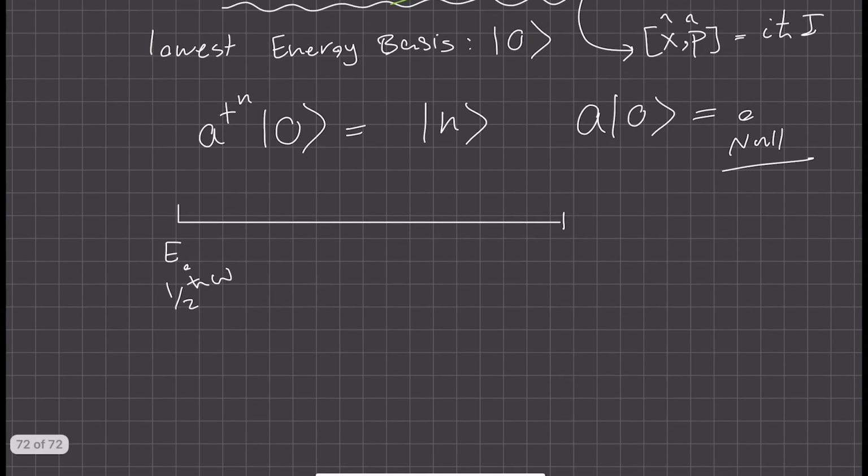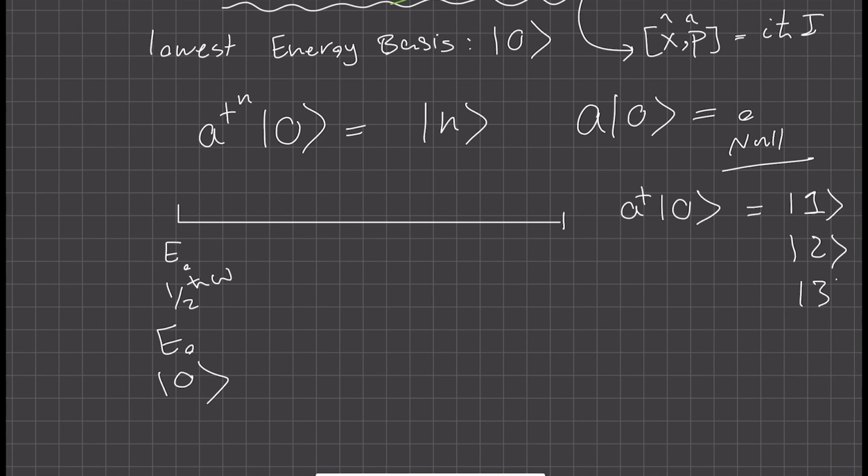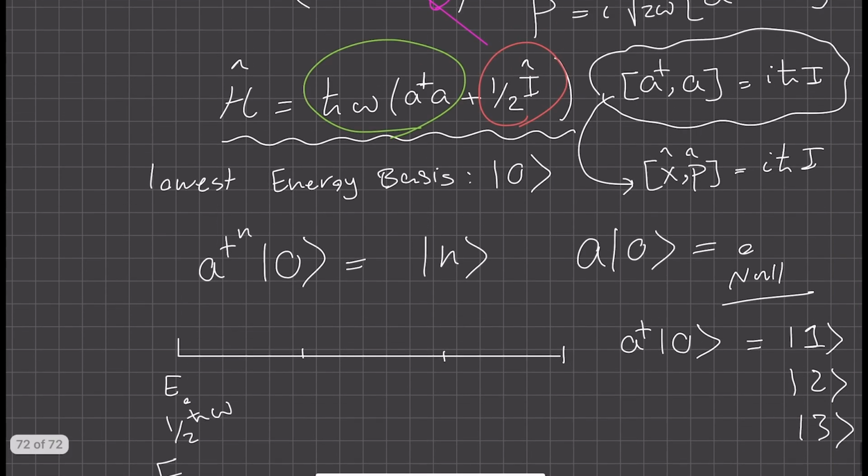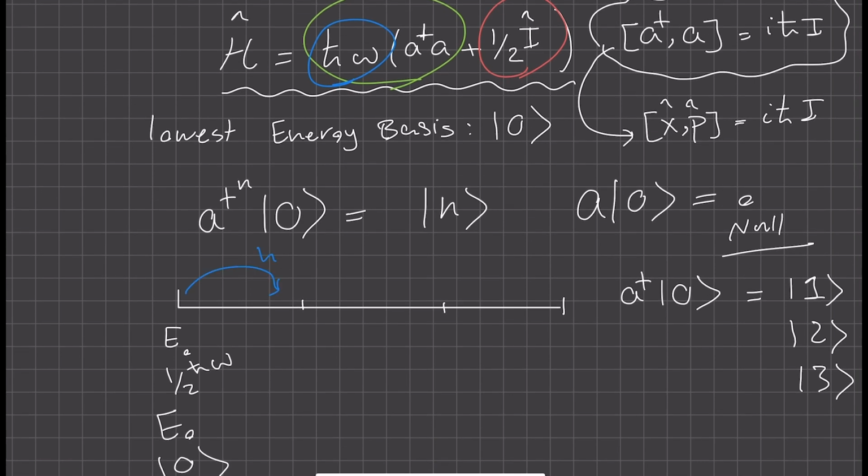So E0 is the vacuum state. And then when a dagger acts on 0, we are in state 1. Two times it would be state 2, then 3. And it's like a ladder. And the coefficient behind it is h bar omega. So this jump is h bar omega. So we are going from E0 to E1, E2.